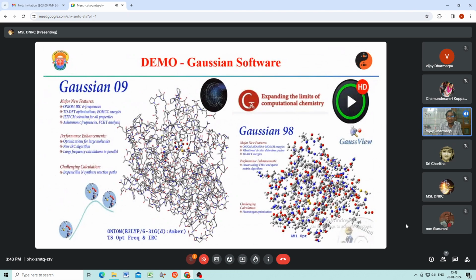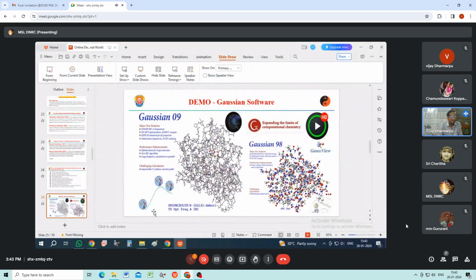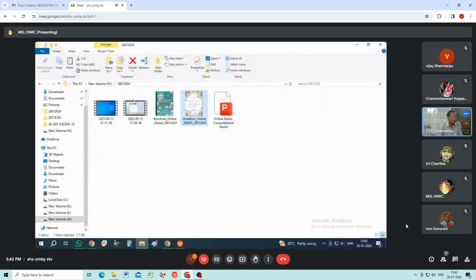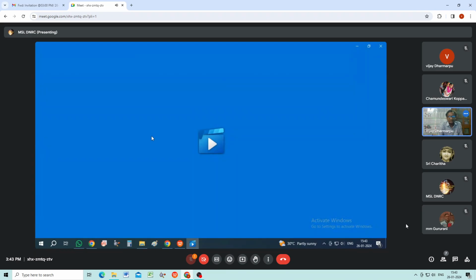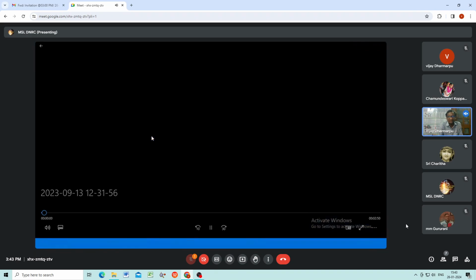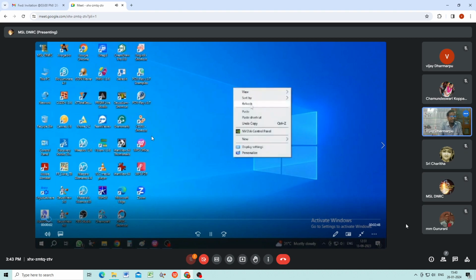Some other packages are there, but Gaussian has some limitations also: we can use it for less than 100 atoms.